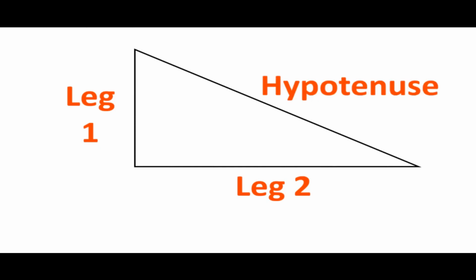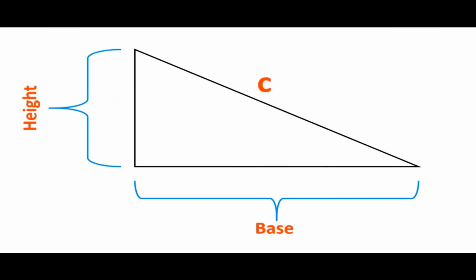The longest side of the triangle is called the hypotenuse and is represented by C, while the first and second legs are represented by A and B. Remember that the height of the right triangle could either be A or B. As with the base of the right triangle, it could either be A or B.